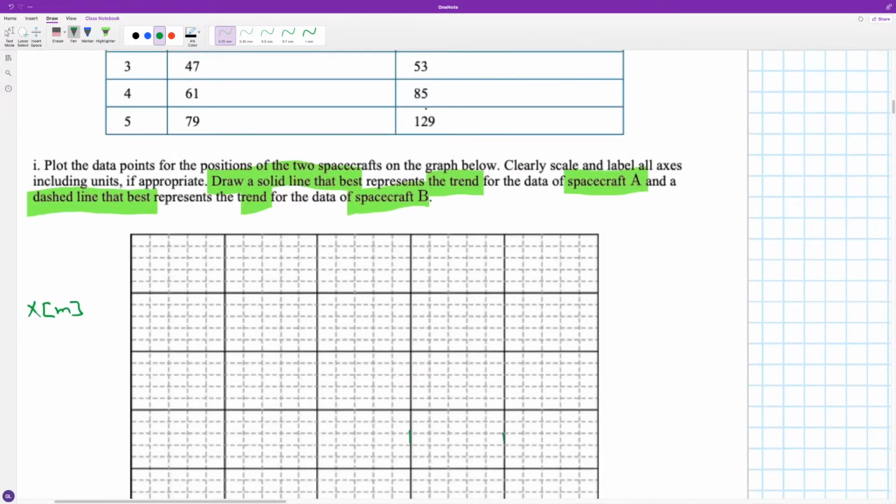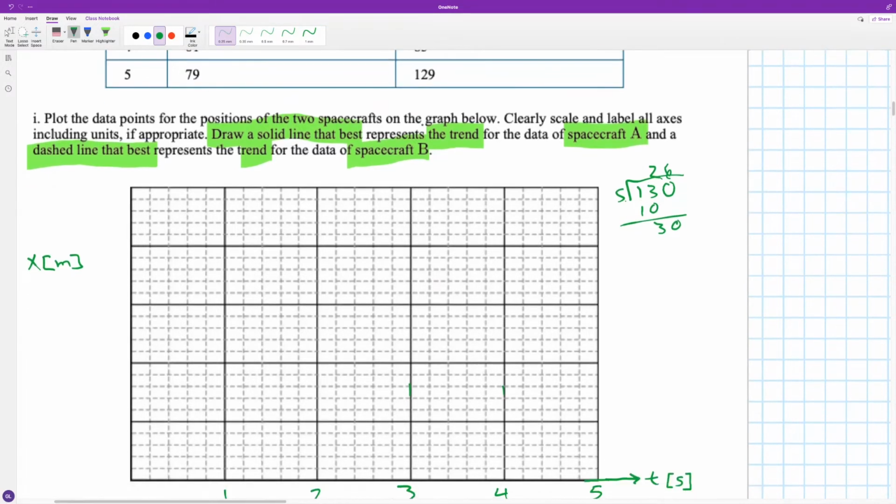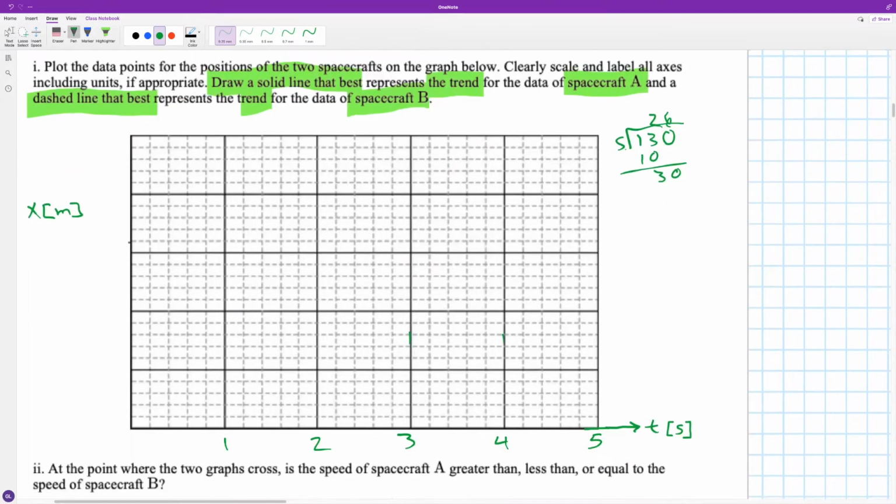One way we could do this is round it up. Let's say 130. We divide that by 5, which gives 26. So if we plot each major grid line at a value of 26, it may seem ridiculous, but it rounds up to a nice value, and we will be able to fit all of our data within that boundary.